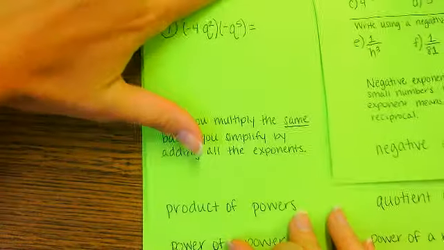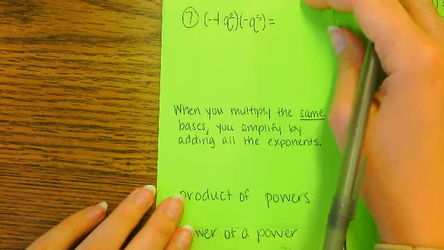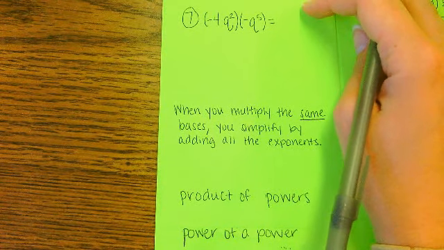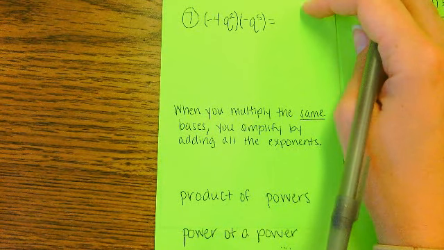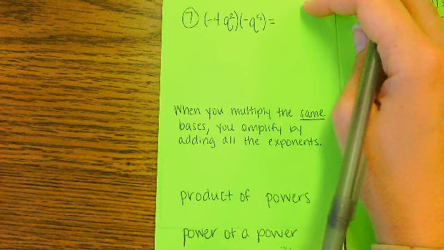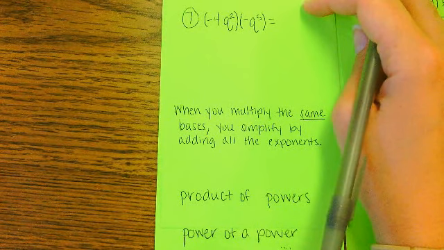And the rule for product of powers is when you multiply the same bases, you're going to simplify by adding all of the exponents. Let's look and see what that means.